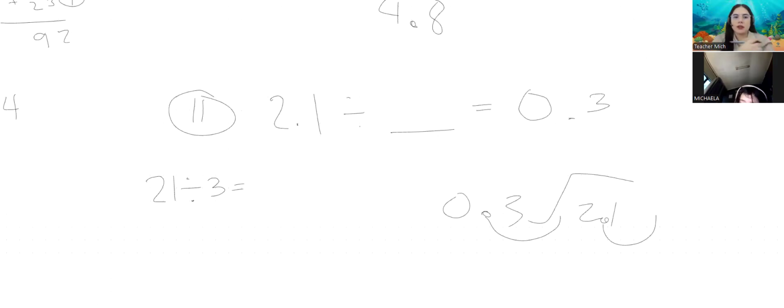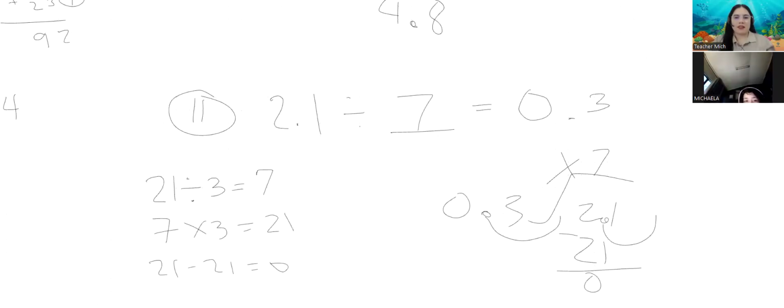Okay, so what is 21 divided by 3? 7. Okay, very good. Then 7 times 3 is equal to 21. Okay, and then subtract them. That is 0. So your final answer is 7.